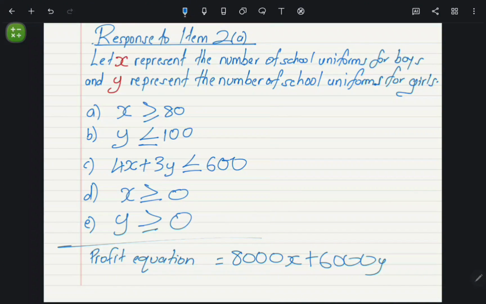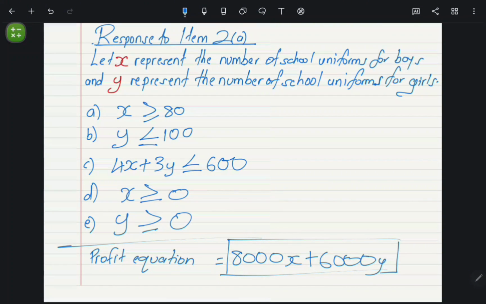So this is it, 8,000x plus 6,000y. This expression here is going to help us to find out the maximum profit that she can make from the sets of uniform that we are going to figure out later. So now we have solved part A of the task that was given to us.